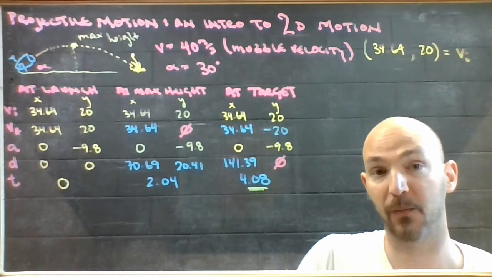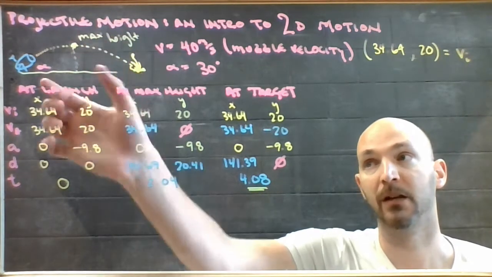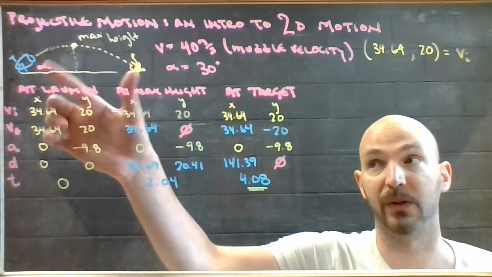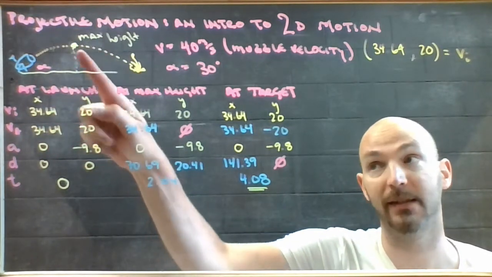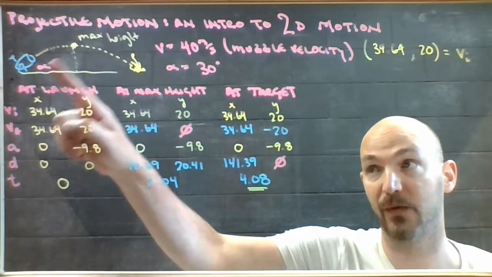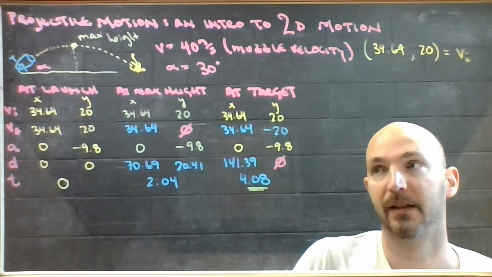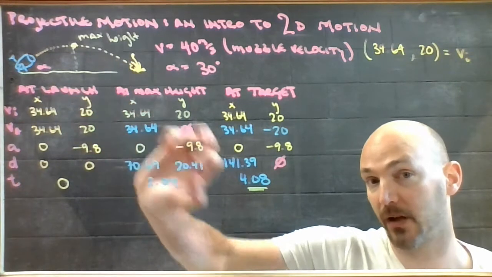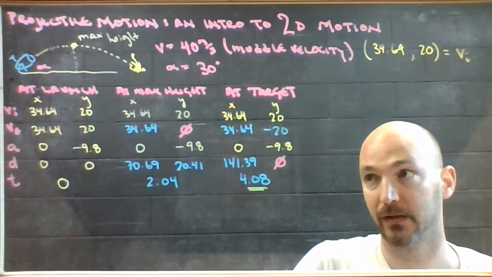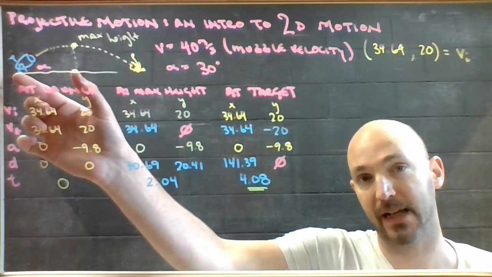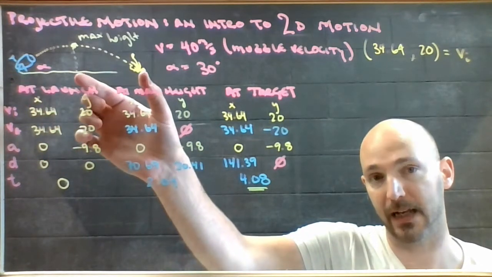So, number 1, a parabola is symmetrical about its vertex, and that's what the max height is. It's the vertex of the parabola that this projectile is following. So if we are doing parabolic projectile motion, then whatever happens in this half has to be mirrored in that half.